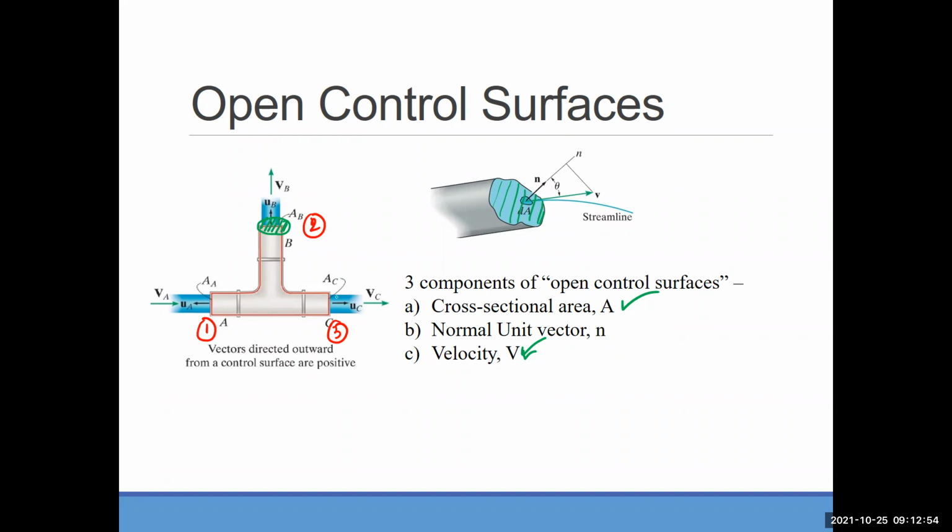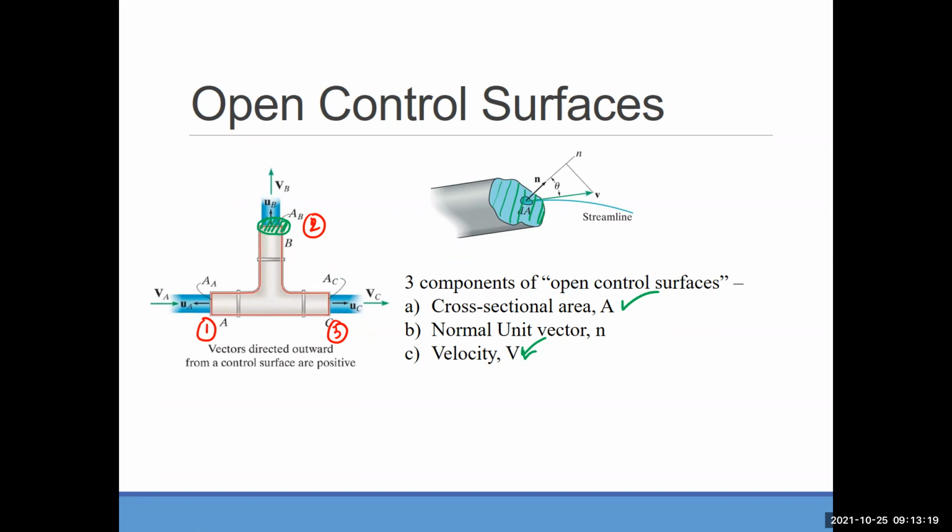How many surfaces do we have here? Again, the control surfaces in this picture. How many open surfaces do we have? 3. Okay. For number 2 and number 3, is the flow going inside or outside? Outgoing. For surface A, is the flow going inside or outside?